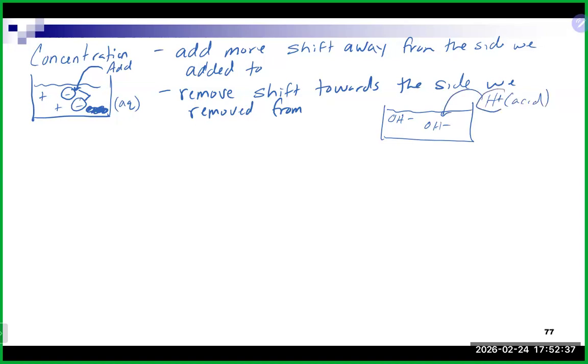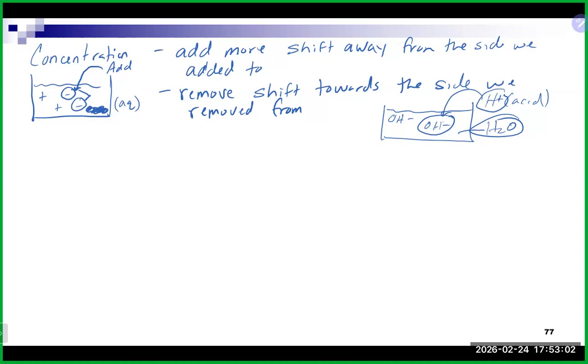And that's when H plus and OH minus come together, they make our friend water, right? Water, which is a pure liquid, also not included in the equilibrium. That is a way to remove the hydroxide from the solution. Obviously, you could do the opposite. If you had a more acidic solution with a lot of H plus floating around, you could add some base to it and make some water as well.